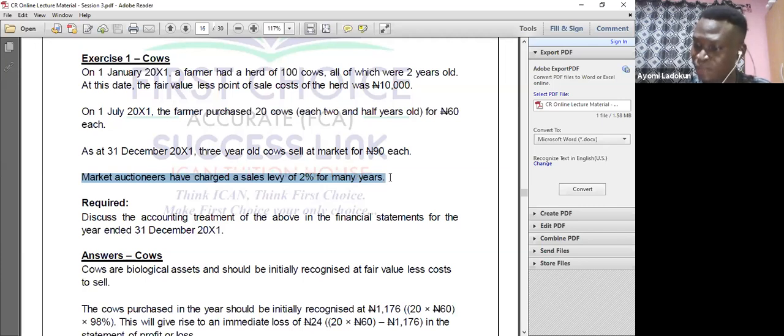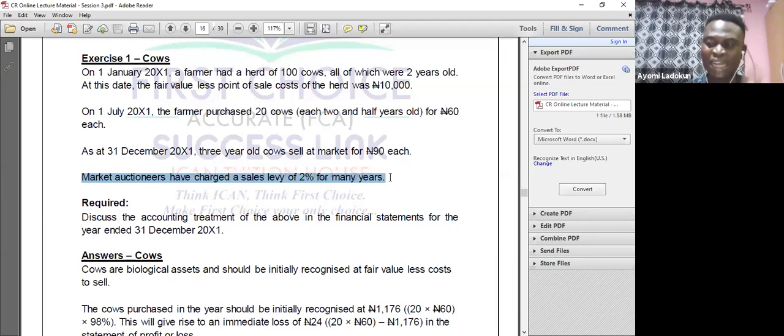Depending on how you know mathematics, I can simply say 98% multiplied by the 1,200. Do you get the point? I can say 98% multiplied by the 1,200, or I can also say 2% multiplied by the 1,200 to give me the direct answer. If I say 2% multiplied by the 1,200, I will get 24.